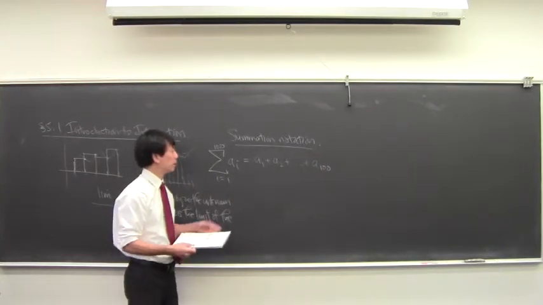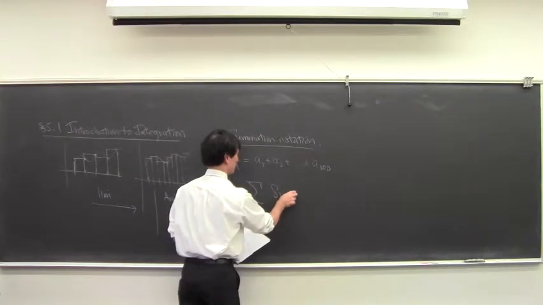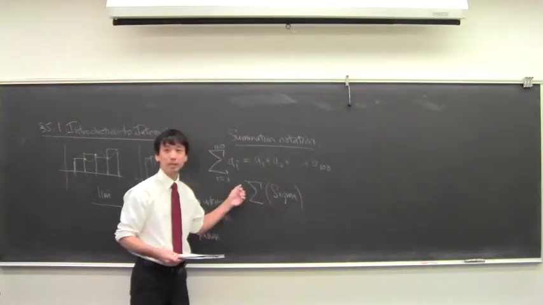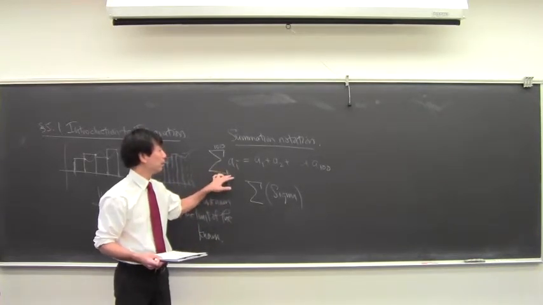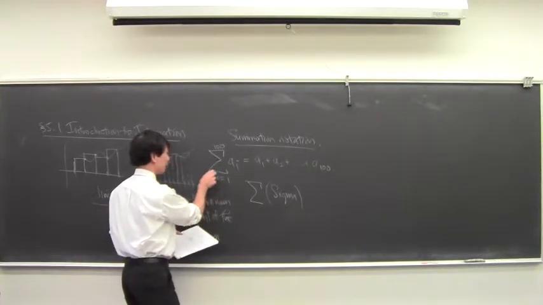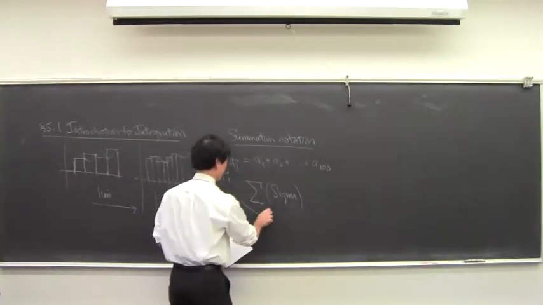This big thing here is a capital sigma. It's a Greek letter S, for sum. And this thing here, the i, is the index. It's called the dummy index.